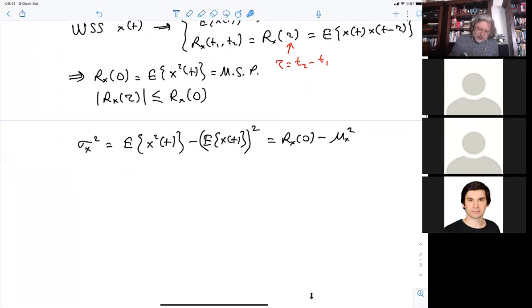The cross correlation is another thing that we may be interested in. I will only give a definition with respect to wide-sense stationary signals, X and Y. Inside the expectation, we put X of t and Y of t minus tau.